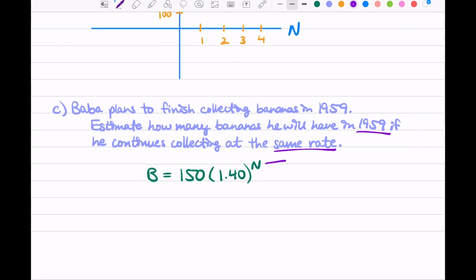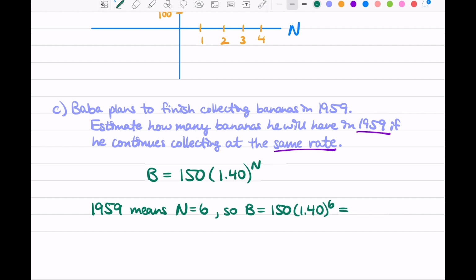And what does our n have to be in this case? How many years after 1953 is 1959? That would be 6 years. So 1959 means n equals 6. So the number of bananas in our collection would be 150 times 1.40 to the 6th power.